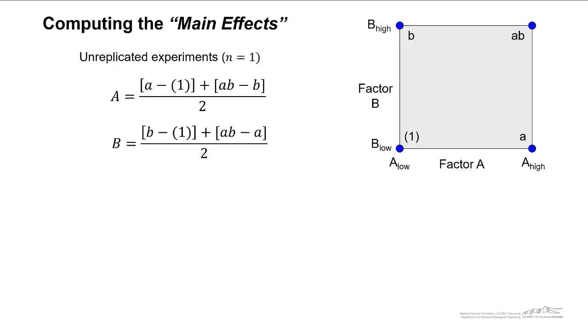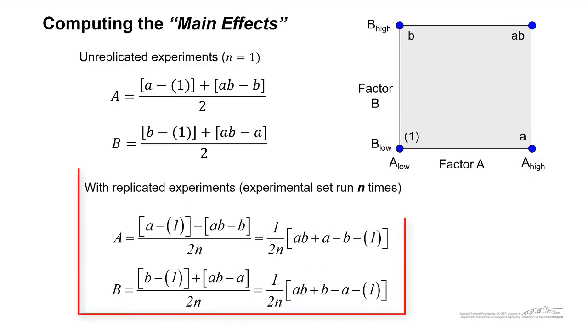So I just showed you how we can compute the main effects and the interaction effect. This was for unreplicated experiments where the sample number, n, is just equal to 1. If we have multiple replicates, we have replicated experiments, then we include in the denominator a factor of n.